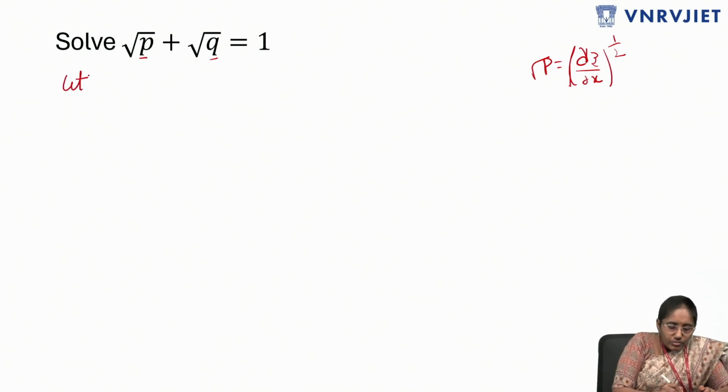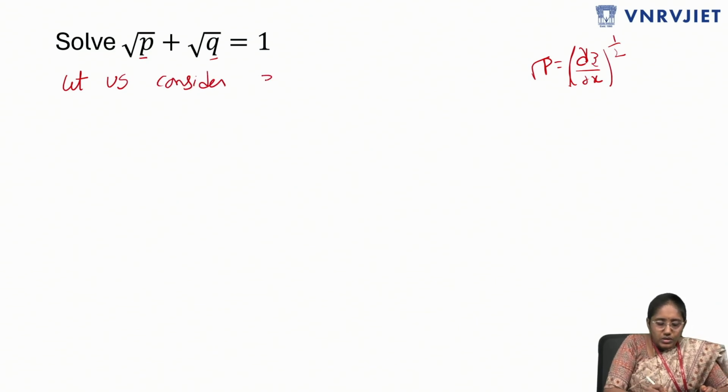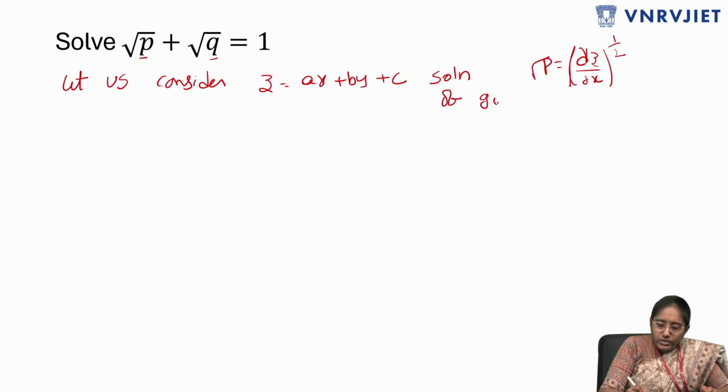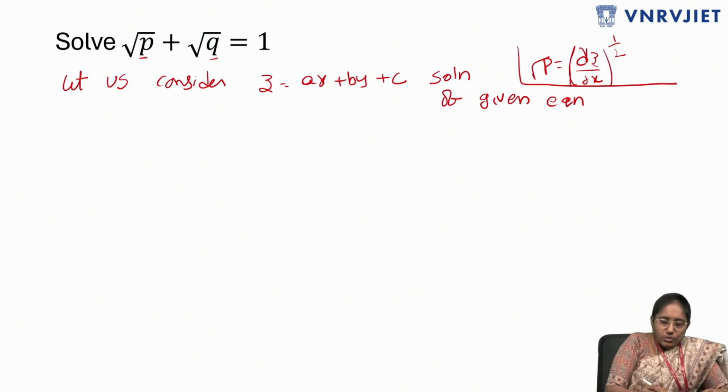So, let us consider z equals ax plus by plus c as the solution of the given equation. Now from this find the p and q values. p is nothing but dou z by dou x.